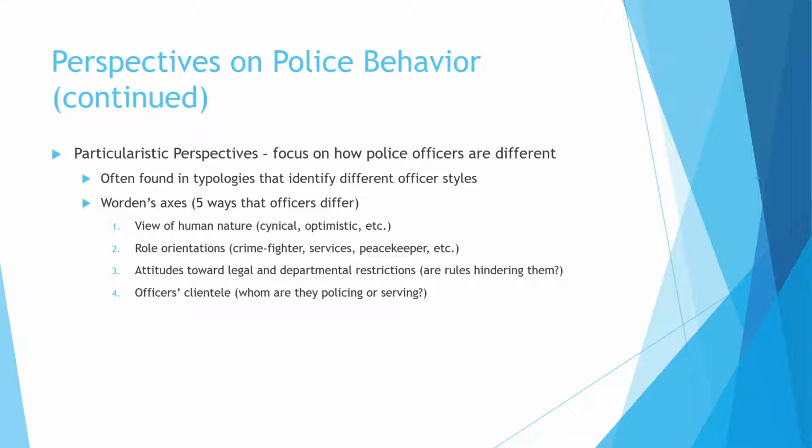Not just the citizens, but also what about the other agencies that they work with? What about the courts? What about the social service agencies? What about the politicians, the mayor, the governor, the city council? What is their relationship with these other clientele as well? If they have a bad relationship, it's going to affect their behavior in one way. If they have a good relationship, it's going to affect their behavior in another way.